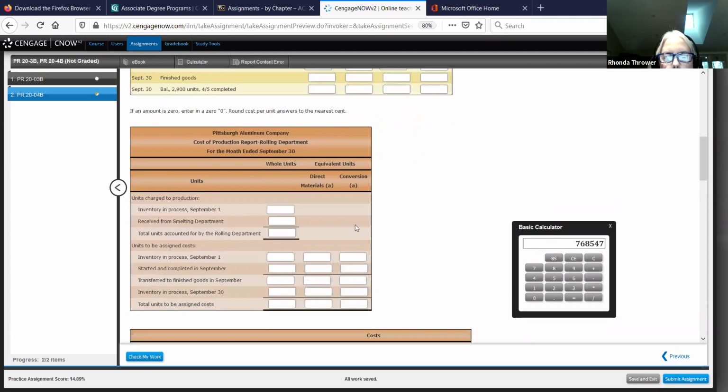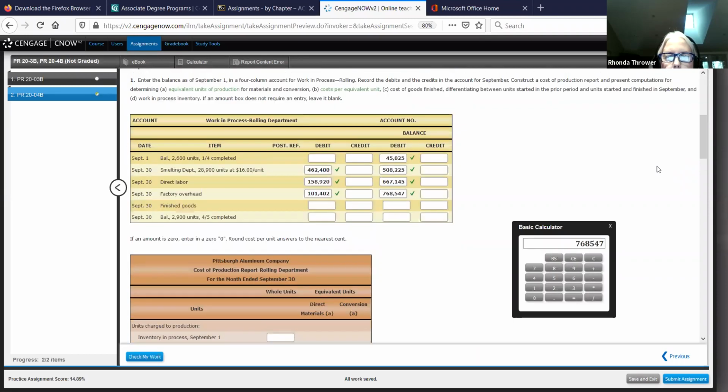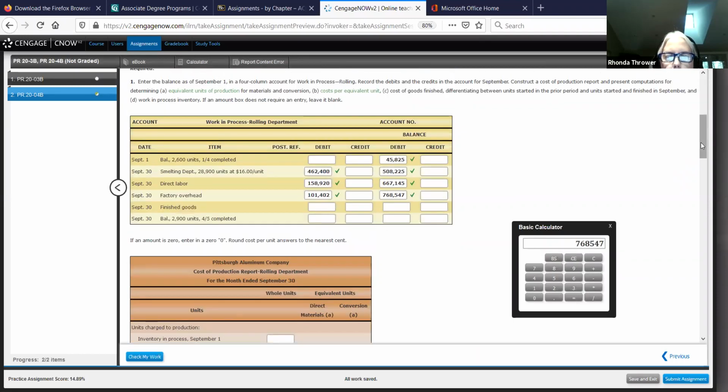So in the cost of production report, we're going to start with our unit portion first. And because we're using units, we only want to put the unit information down in this first part of the cost of production report. The beginning inventory units at September 1st was given to you. You can get this two places.